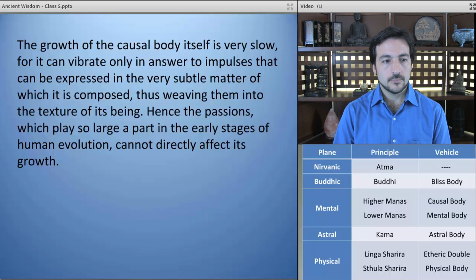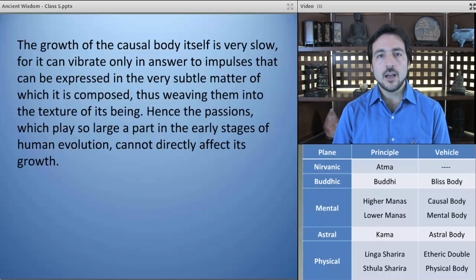Hence the passions, which play so large a part in the early stages of human evolution, cannot directly affect its growth. So we've seen how the emotional and mental bodies grow by external stimulation.